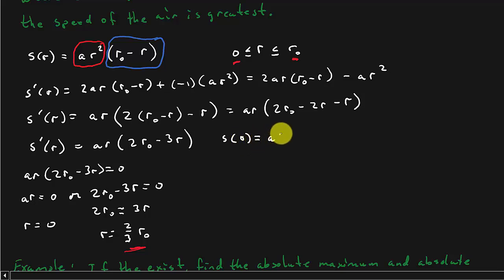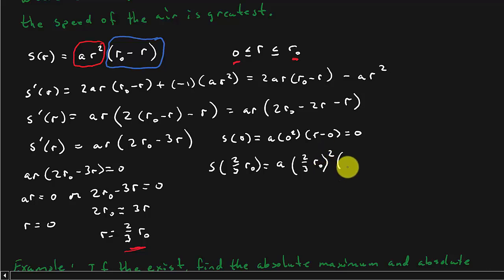So that's going to give me a times 0 squared times r minus 0, which is 0. And then s of 2/3 r0, that's going to be a times 2/3 r0 squared times r0 minus 2/3 r0.